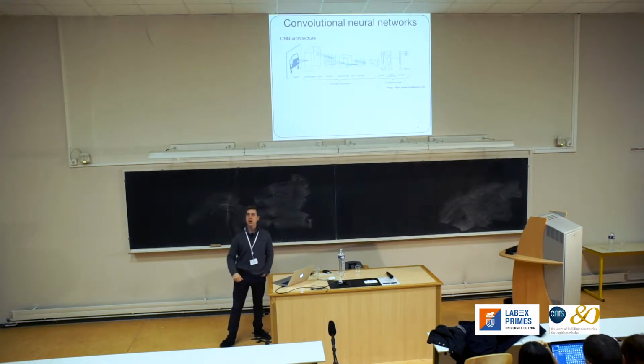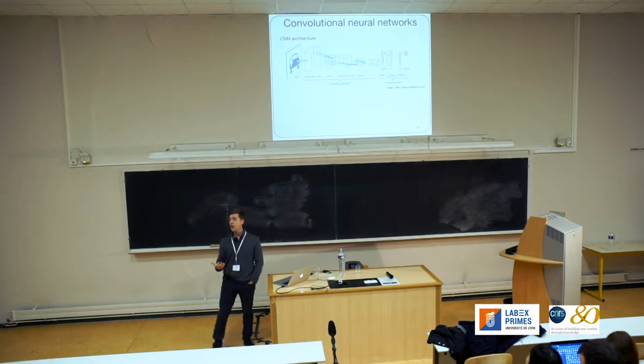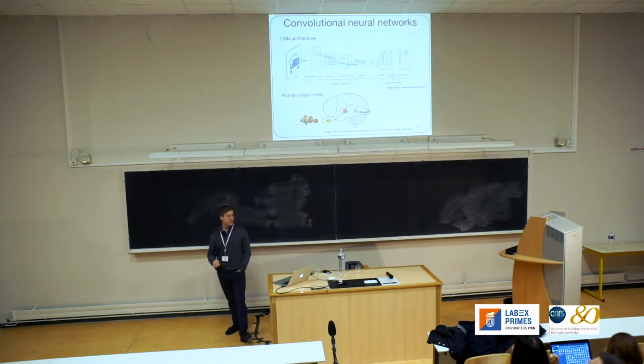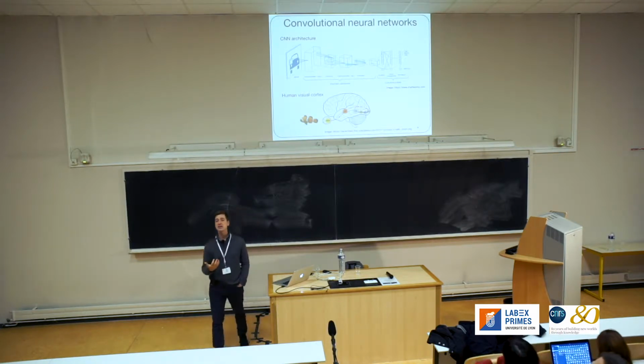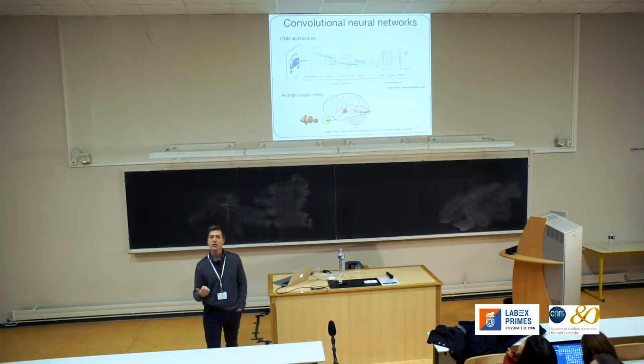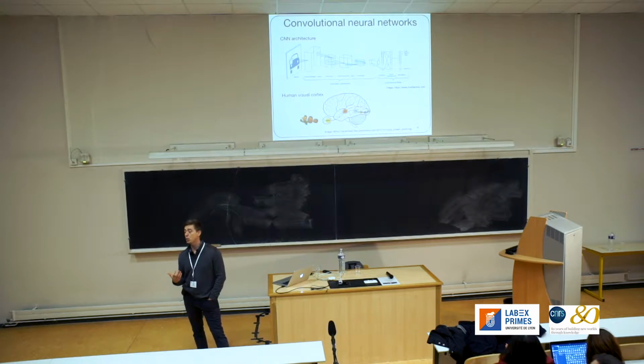As you saw yesterday, CNN is a very common architecture for most tasks in computer vision. And what's really interesting, in fact, is that a CNN is quite similar, at least in terms of architecture, to the human visual cortex, right?